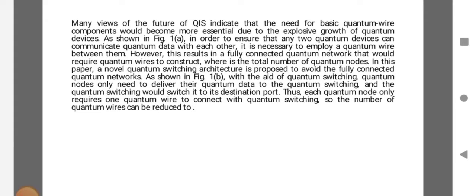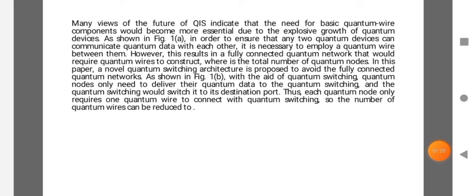As shown in figure 2, with the aid of quantum switching, quantum nodes only need to deliver their quantum data to the quantum switching, and the quantum switching would switch them to their destinations.